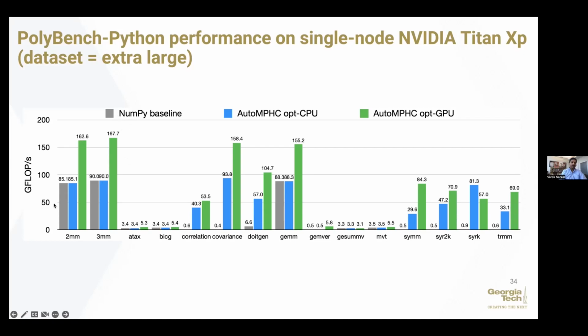The gray bar is the NumPy baseline, and this is on a single node, single GPU. The blue bar is our compiler generating code only for CPUs, and the green bar is also generating CuPy calls for GPUs. And you can see in many cases we have, with the blue and green bar, significant improvements in gigaflops compared to the NumPy version.